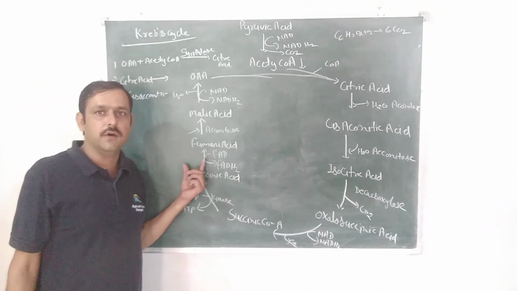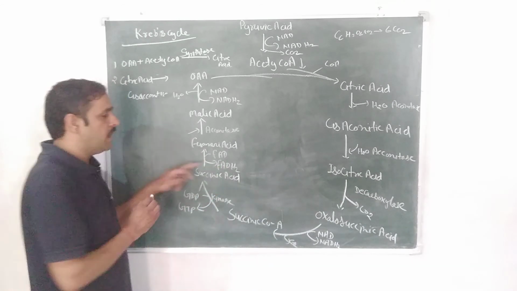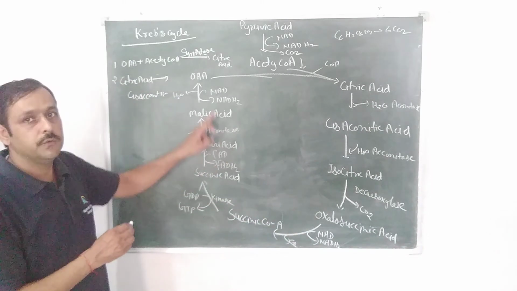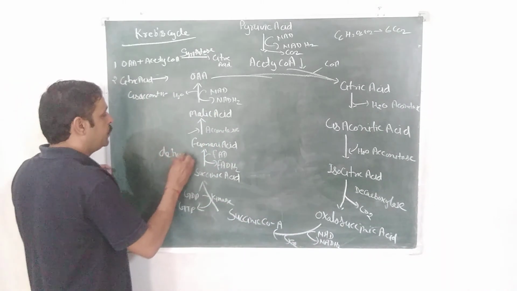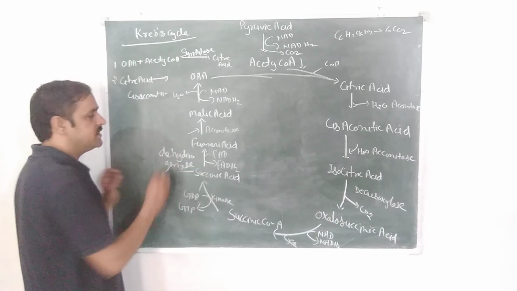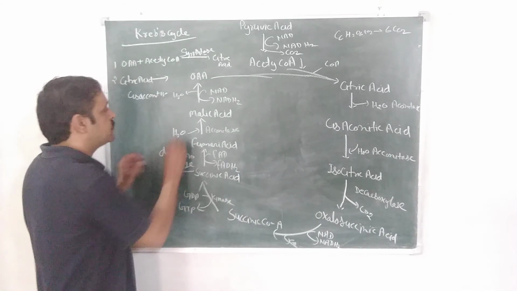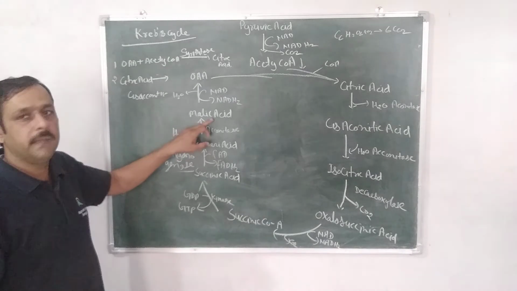And I told you earlier, whenever FAD is converting into FADH2, NAD is converting into NADH2, we have used the enzyme, which one? Dehydrogenase. Dehydrogenase is the enzyme. And fumaric acid, by addition of H2O, with enzyme aconitase converts into malic acid.